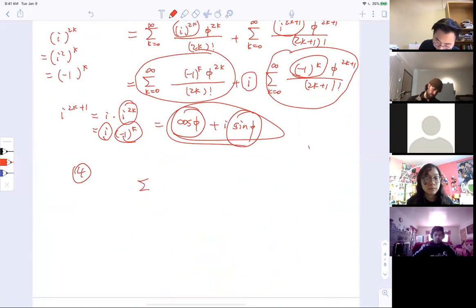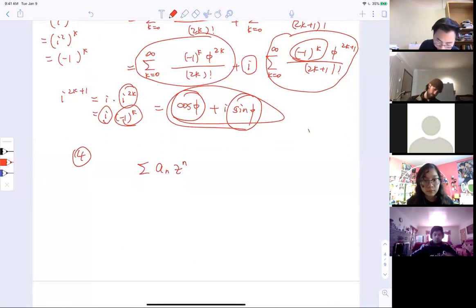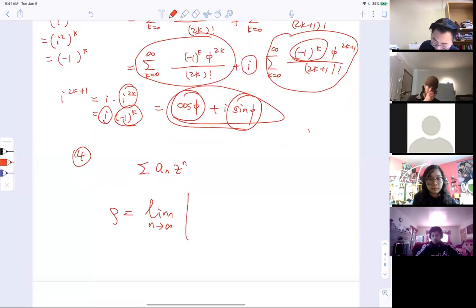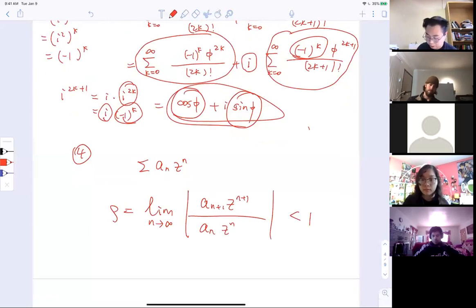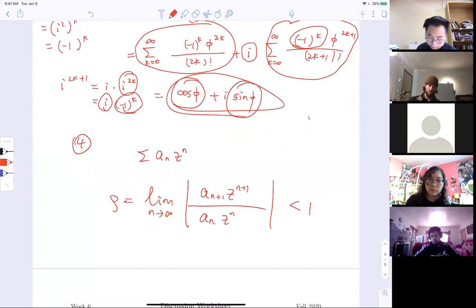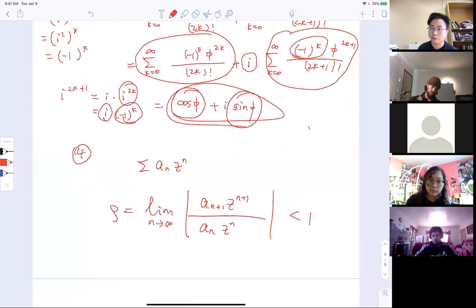Basically, when we have a complex series, we can always calculate a number, which you learned in class, defined by a_{n+1}, d_{n+1} divided by a_n, d_n. We want this to be smaller than 1, then the series converges.